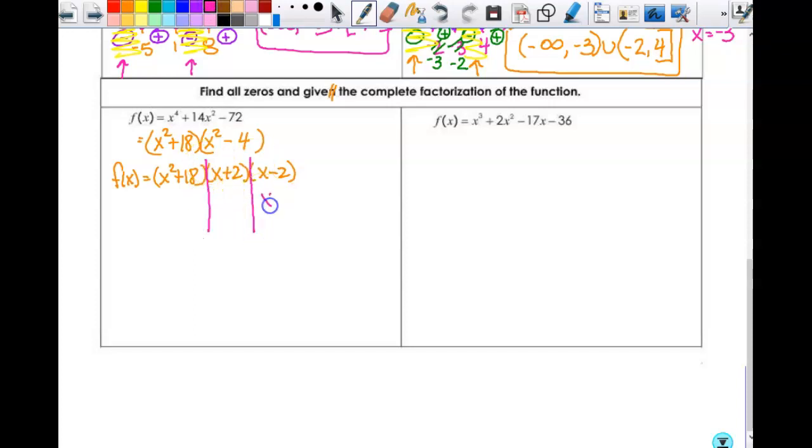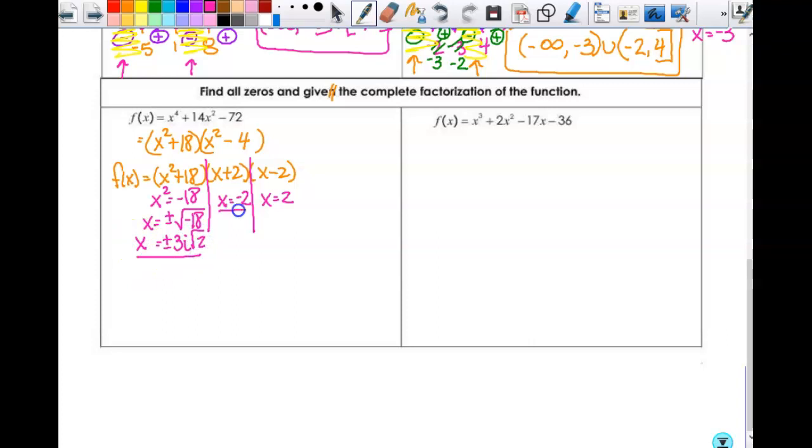So when I do this, this is x equals 2. This is x equals -2. Here x squared would equal a negative 18. So x equals plus or minus the square root of negative 18. That negative is going to come out as an i, and then I can also simplify it. So this is going to be plus or minus 3i square root of 2.